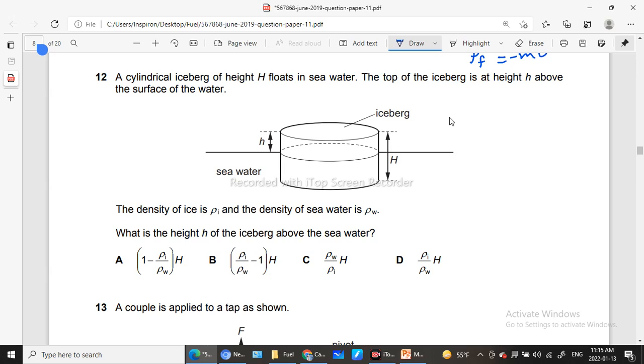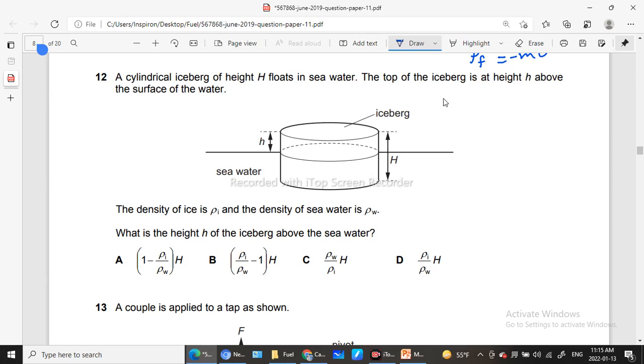Now, according to Archimedes' principle, the floating force equals the weight of the displaced water. The weight of the displaced water equals its volume multiplied by the density of water multiplied by g.